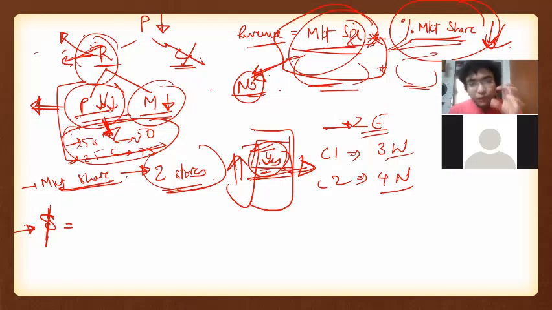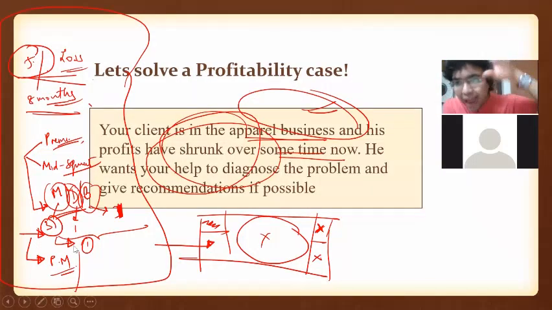And one important thing when we talk about profitability really is that you have to wear two different hats at two different times. Okay? If you look at things initially, we have the hat of the business owner.